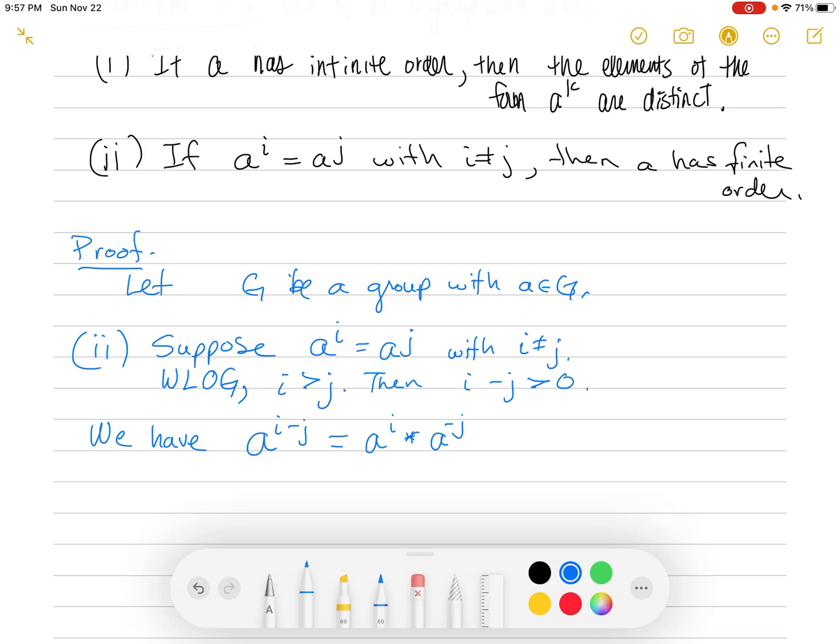Now, we assumed that a to the i was the same as a to the j, so we're going to replace a to the i with a to the j, times a to the minus j.